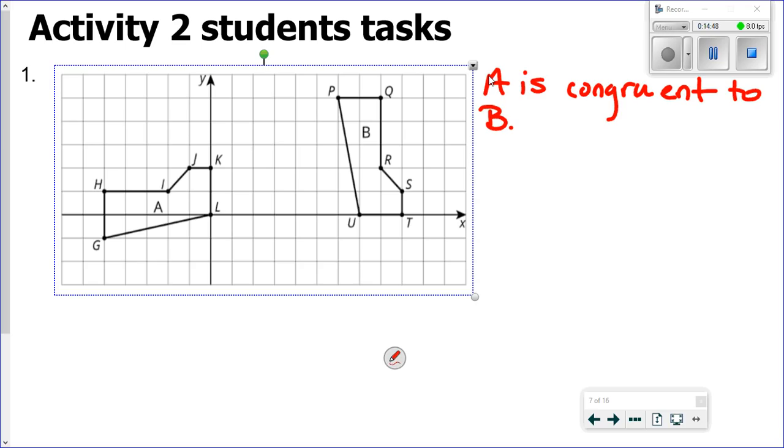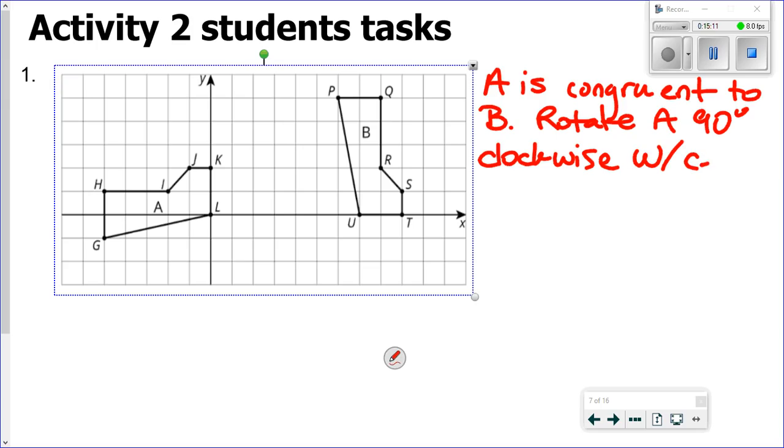A sample response might be that you could have rotated figure A 90 degrees clockwise with center at the origin, and then translated the figure 7 units to the right.